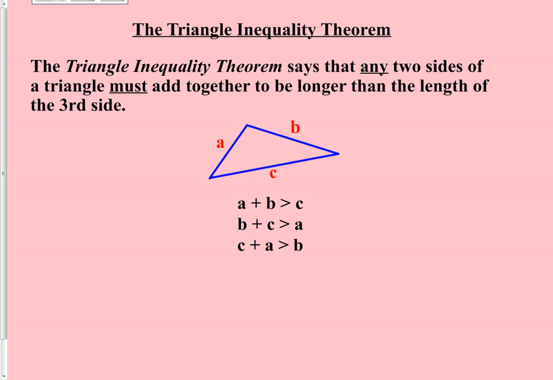If any one of these inequalities turns out to fail, then the entire theorem is false, meaning you do not have a triangle.